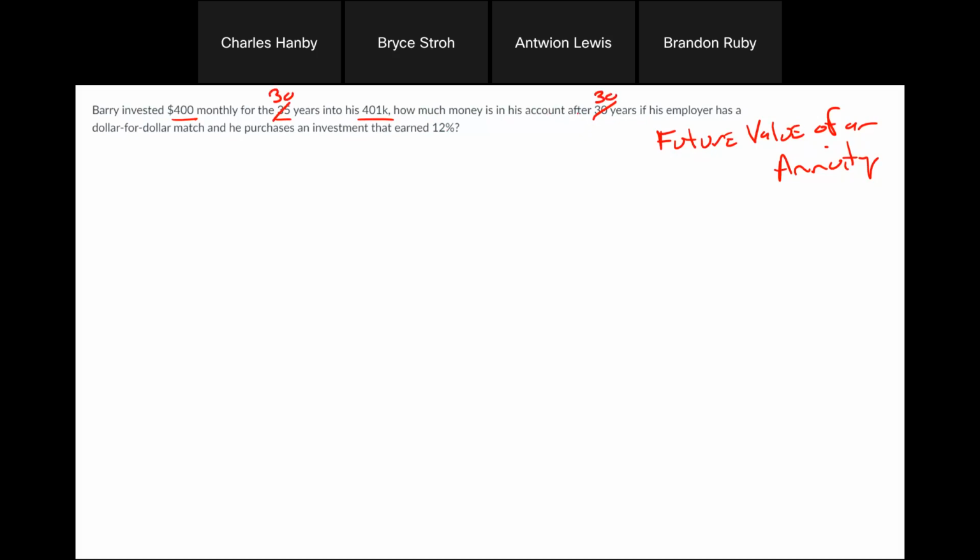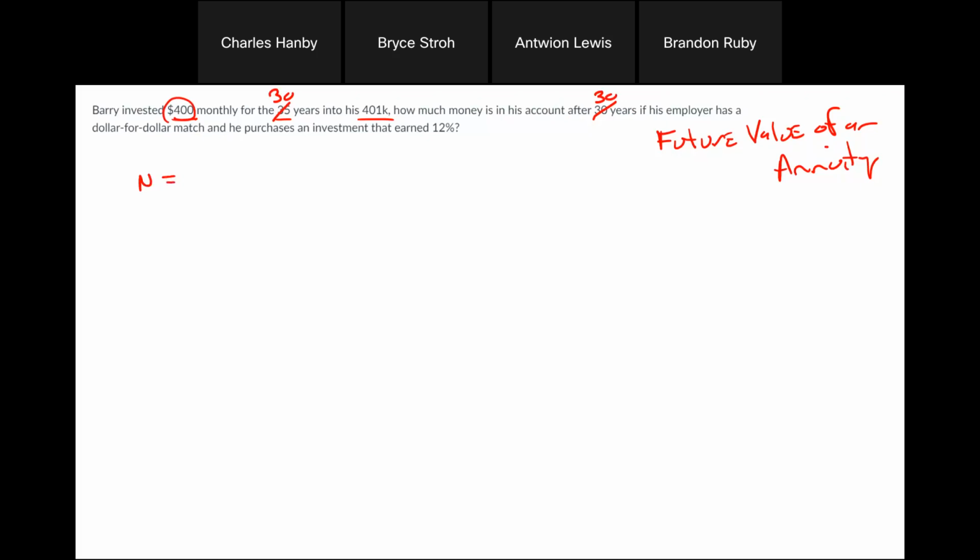How much is in his account after 30 years if his employer has a dollar for dollar match and he purchased an investment that earned 12%? The dollar for dollar match means that Barry's putting in $400 and his employer's putting in $400, so he's putting $800 a month into his account.